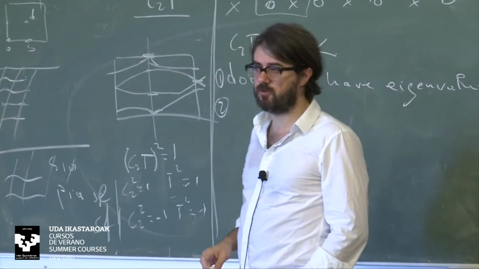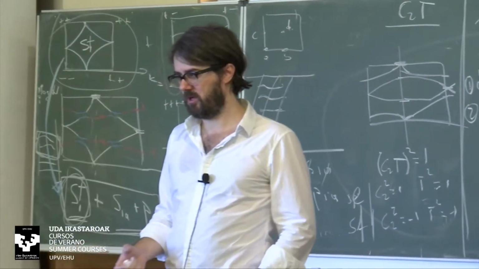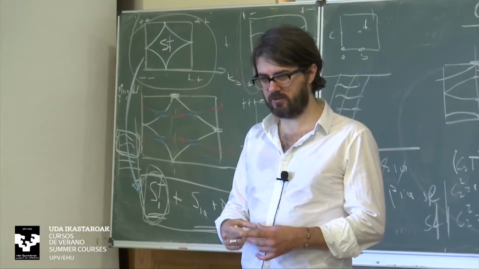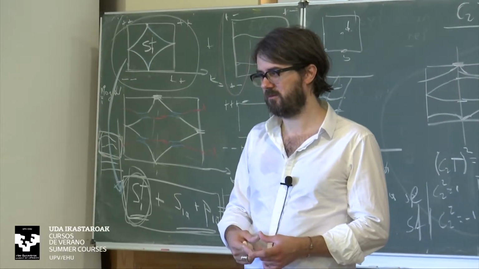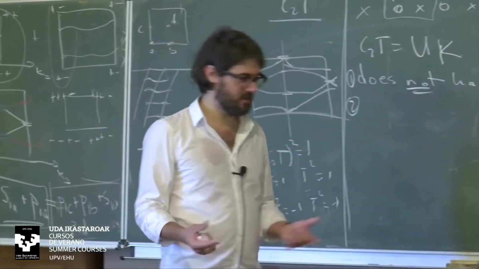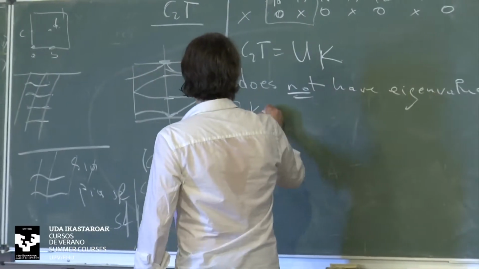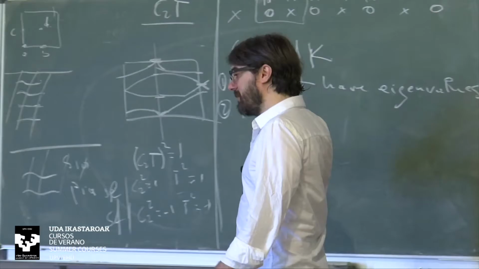Difference 1. Difference 2, inversion maps k to minus k in the Brillouin zone. And we're only going to be talking about 1D and 2D Brillouin zones. So C2 times T maps what into what? k into itself. Okay, so it's actually a symmetry now.